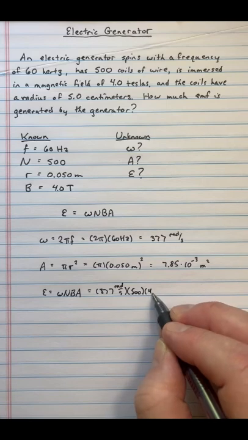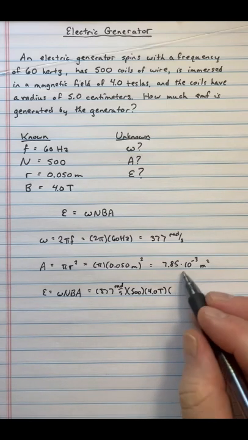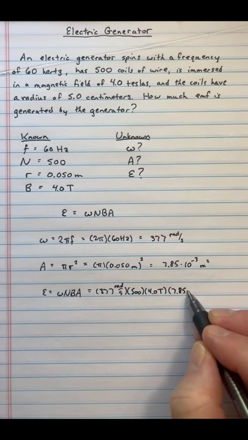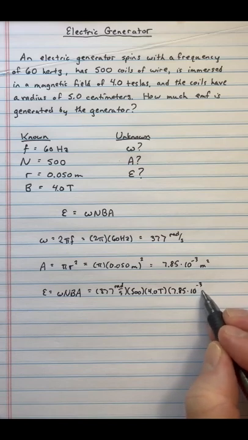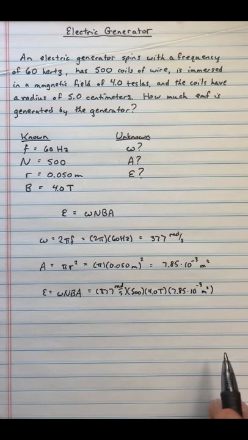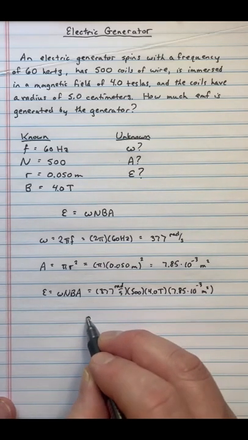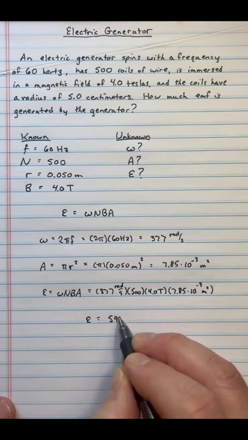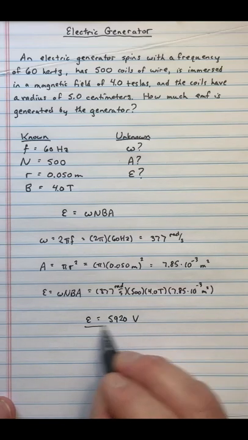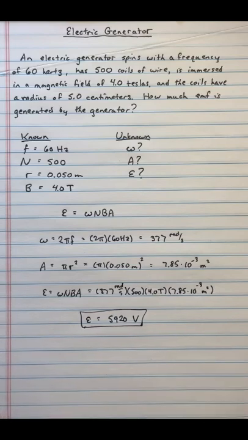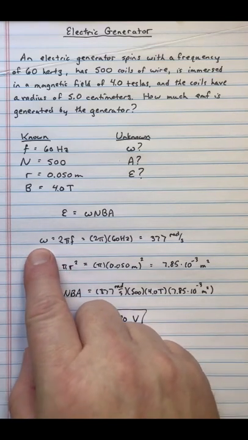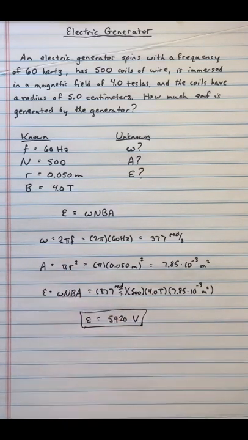Magnetic field was given to us as 4 Teslas, and the cross-sectional area, and that's what it is, by the way, a cross-sectional area. It's not the area of, say, the cylindrical shape of the coil. It's the cross-sectional or circular area of the coil, like that. And in this particular case, we end up with this number of volts. So calculation-wise, it's not too difficult a problem. It's actually kind of straightforward, I think. You do have to recognize that you're taking some extra steps sometimes to get, say, omega and A like that.